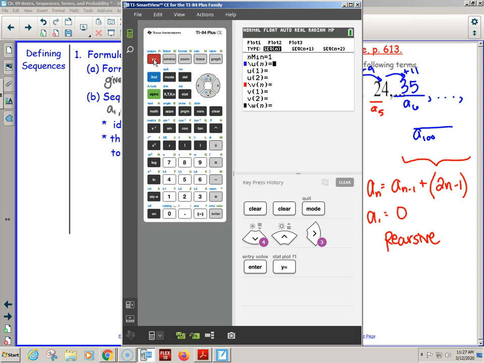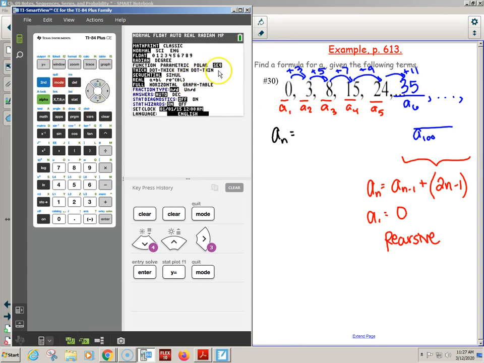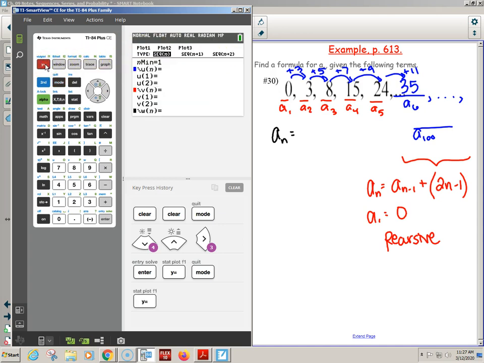Aw, they don't have A's. That's okay, they have U's. We could call it U's, but we're going to call it A's. That's more mathematical. Wait, how do you use it? Mode. Hit the SEQ button. And then you go to your Y equals.